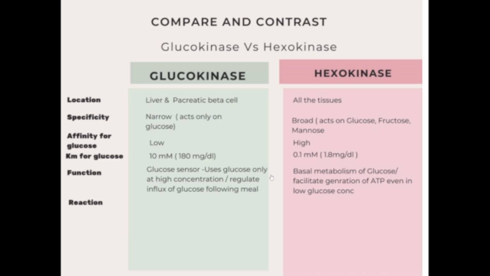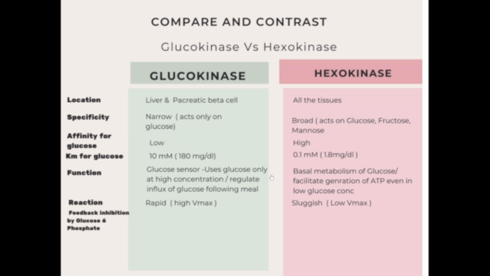The next difference is reaction. In glucokinase, the reaction is rapid, so it has a high Vmax value, while in case of hexokinase, the reaction is slow, so it has a low Vmax. The sluggish reaction of hexokinase makes sure that only the required amount of glucose is utilized.